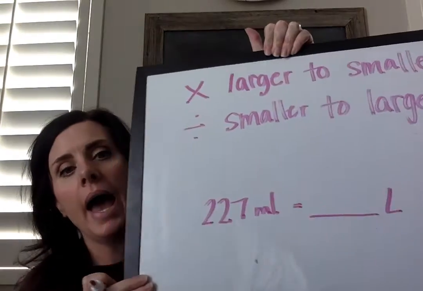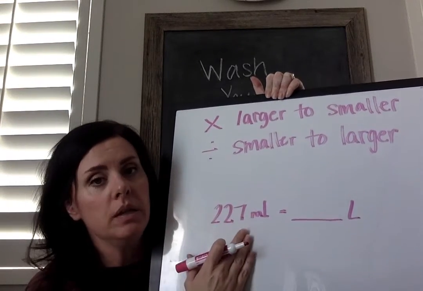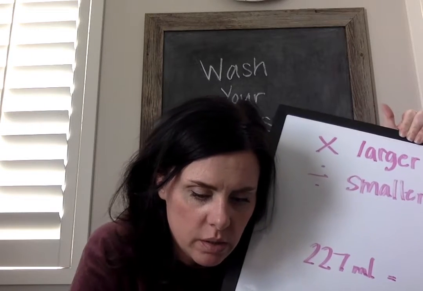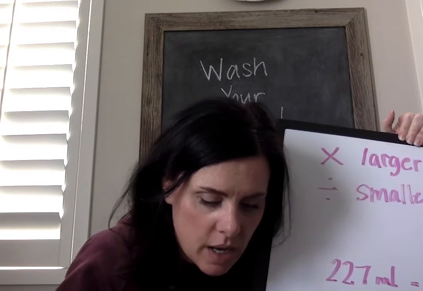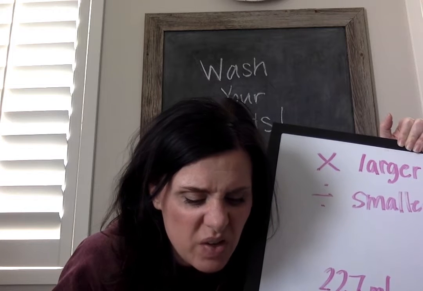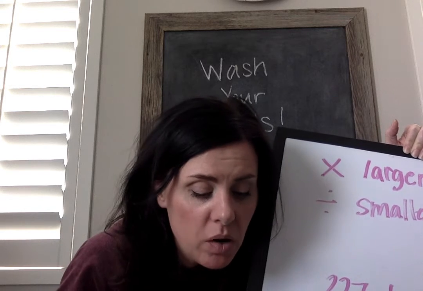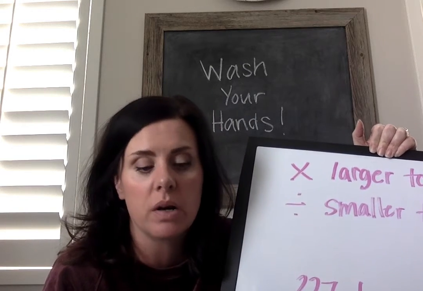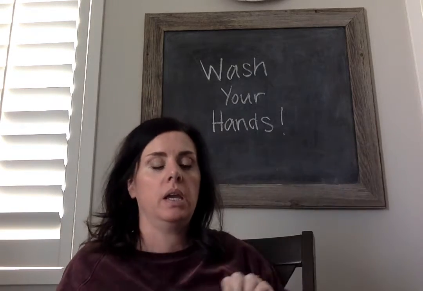Well, how many milliliters are in a liter? Let's look back at our chart. Okay, and it's up on the right hand side. Well, up there, no, actually, there's 1 liter for 1,000 milliliters. We'll just look at that part, okay? That's in my chart right here.